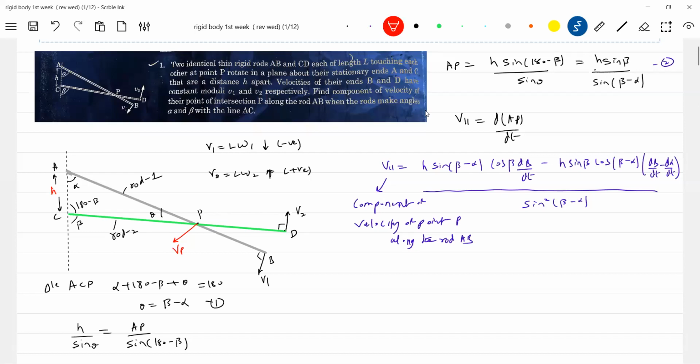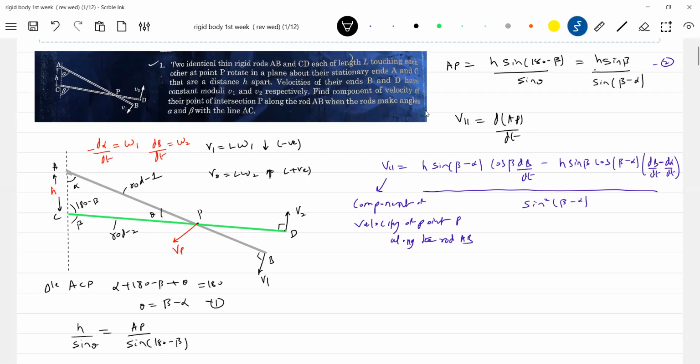Alpha, V1. dα/dt should be equal to omega 1. dβ/dt should be equal to omega 2. This will become omega 1 plus omega 2, that bracket term. The last corner bracket is very important. Here is where most of us will go wrong. Why the negative sign? Alpha will be decreasing, beta will be increasing. So therefore it will be like this.